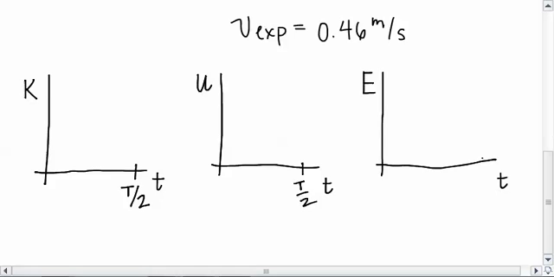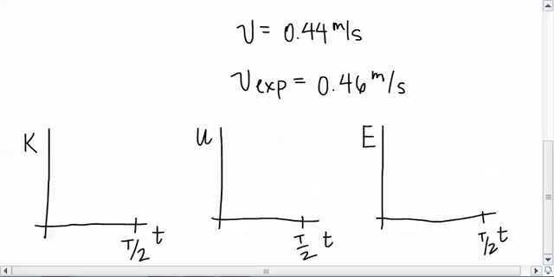Half of the period. All right, so initially the kinetic energy was 0. So I like the graphs that I saw that had an initial kinetic energy of 0. Then it has a maximum kinetic energy as it passes through the lowest point of the swing. And then when it's at the highest point of the swing, halfway through a period, it's back to 0 kinetic energy.